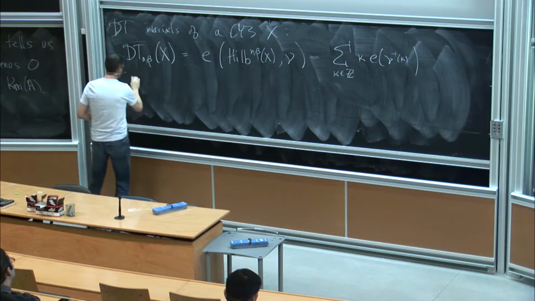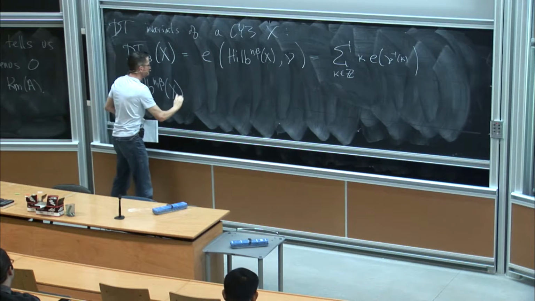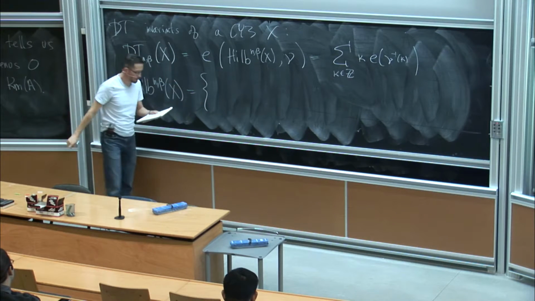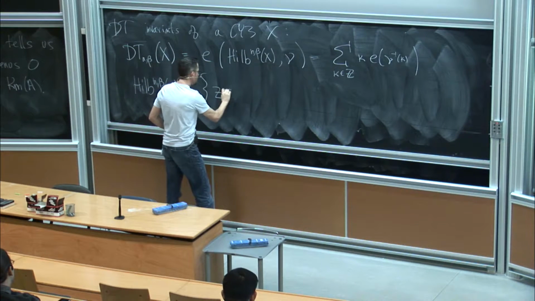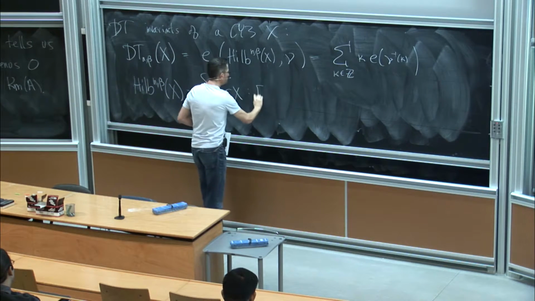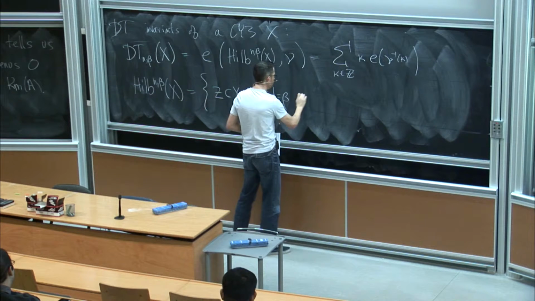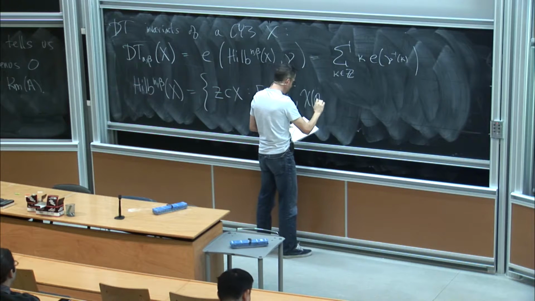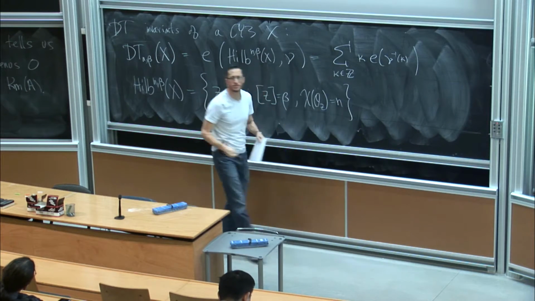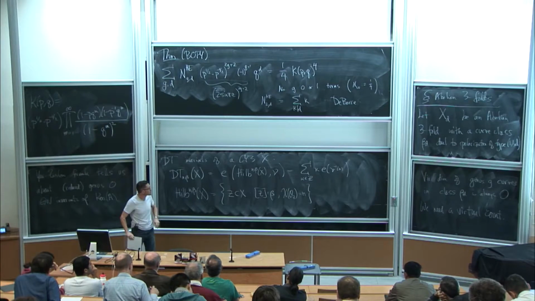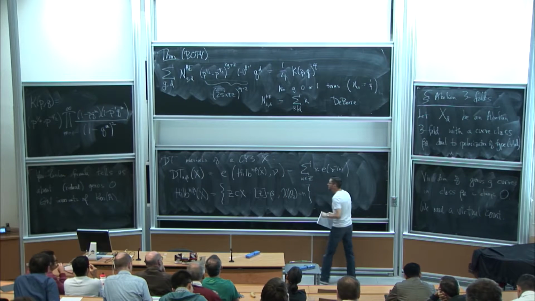The Hilbert scheme is just the most naive way to parameterize curves, namely view curves as subschemes of X, where the underlying curve cycle is given by the class beta, and the holomorphic Euler characteristic is like n. So of course, instead of genus, we're going to replace genus with the holomorphic Euler characteristic of the associated subscheme.